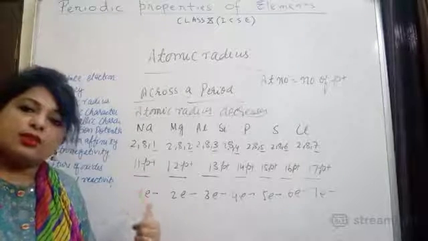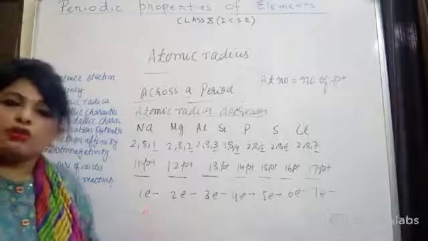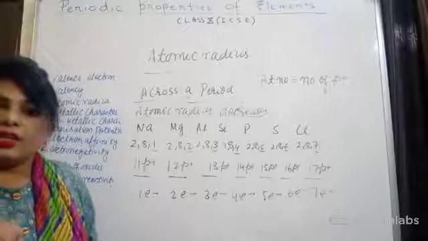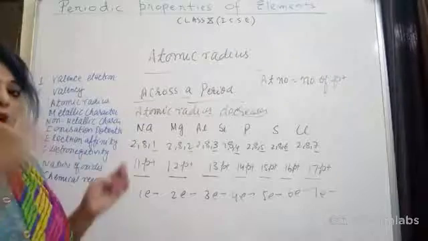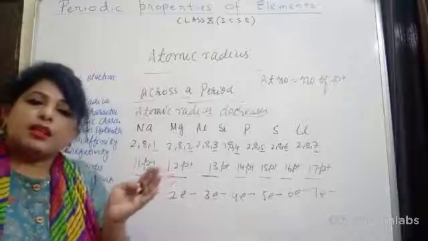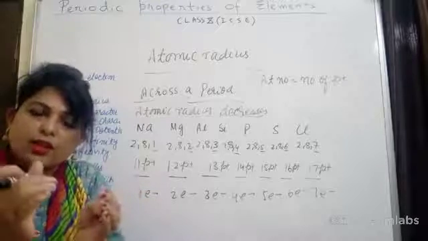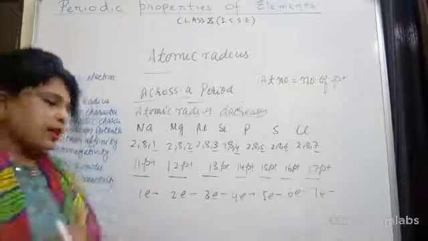Since the number of protons is more, nuclear charge is more than the valence electron. The valence electrons will experience a nuclear pull toward the center. As a result, the outermost shell will shrink toward the center. So atomic size decreases.